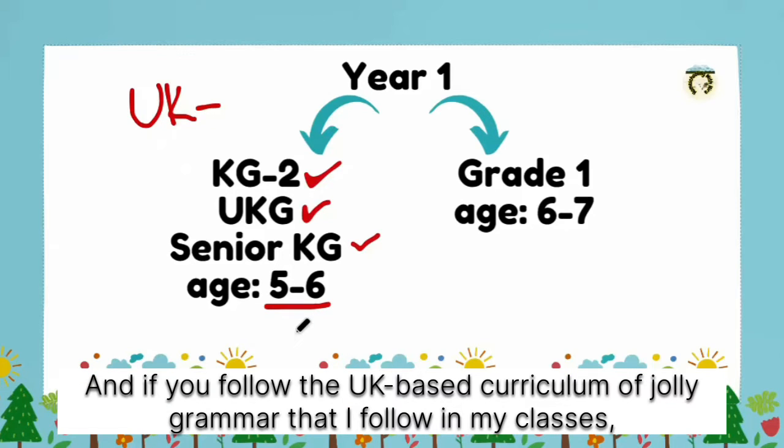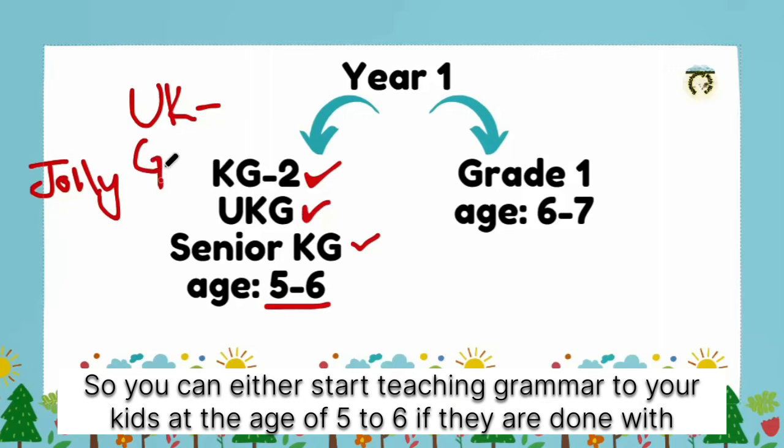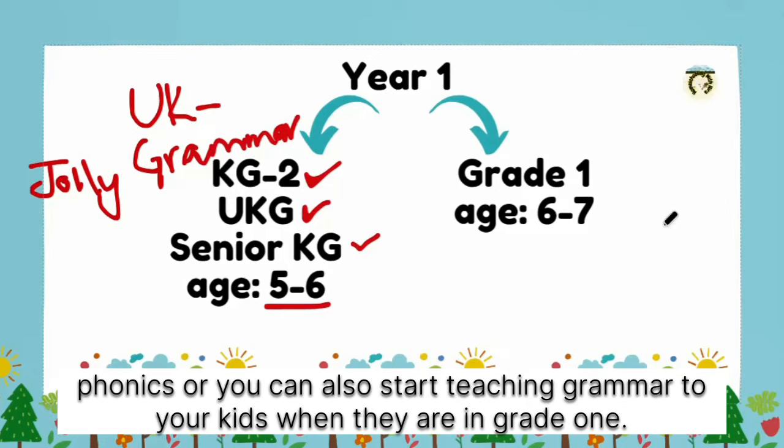And if you follow the UK based curriculum of Jolly Grammar that I follow in my classes, it begins with the same age, okay? So you can either start teaching grammar to your kids at the age of 5 to 6 if they are done with phonics, or you can also start teaching grammar when they are in grade 1.